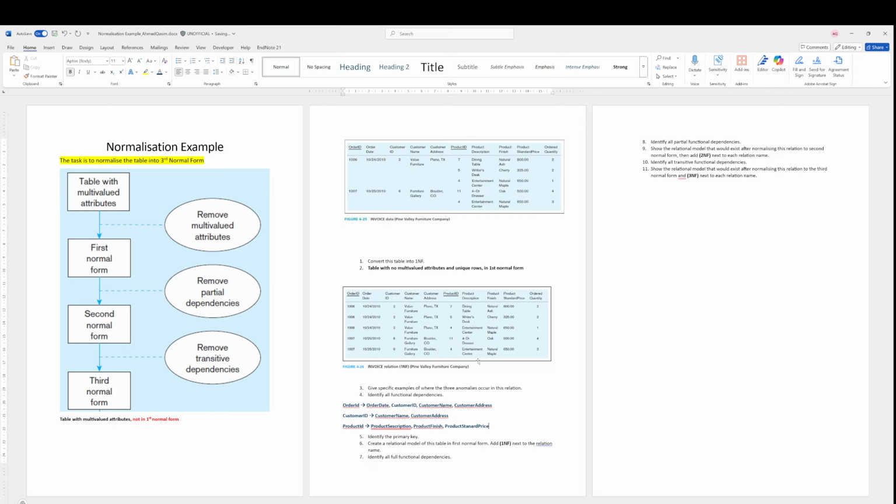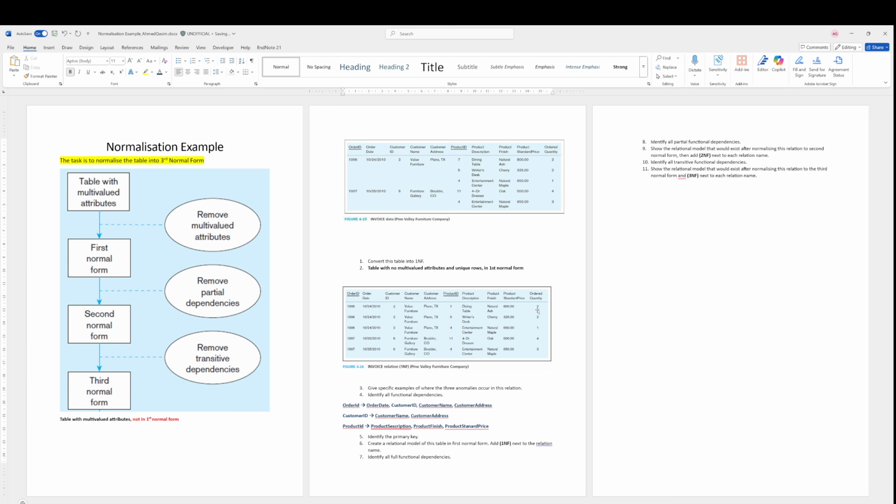Okay, does the product ID determine the order quantity? Because you can see product 7 has the same price as product ID 4. But if you look into the order quantity, you can see that product ID 4 has 1 quantity and this one has 3 quantities.